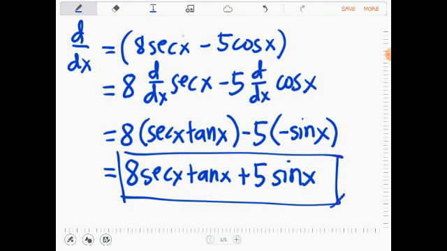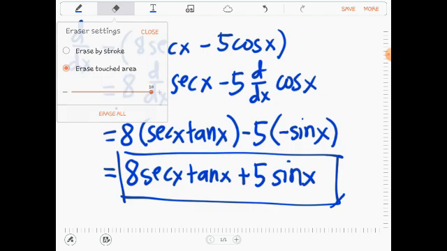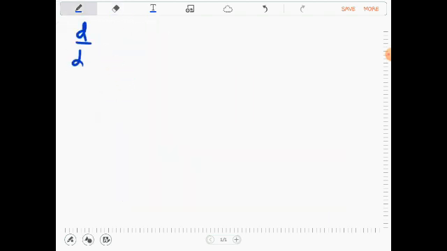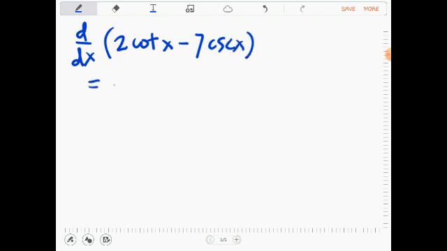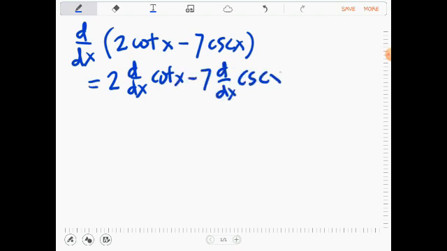Okay? So, another example. How about the derivative of 2 cotangent of x minus 7 cosecant of x? Okay? So, ito ay following the rule. We have 2, then the derivative of the cotangent x minus 7, then the derivative of the cosecant of x.